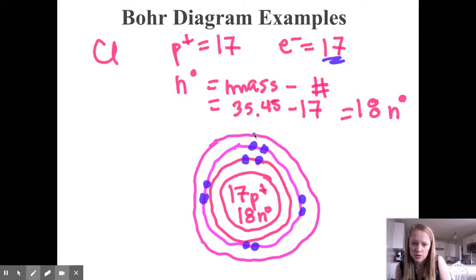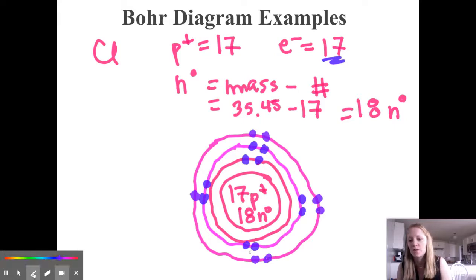So 11, 12, 13, 14, start pairing up now that they're all on one side. 15, 16, 17. All right, so that is my Bohr diagram for chlorine.